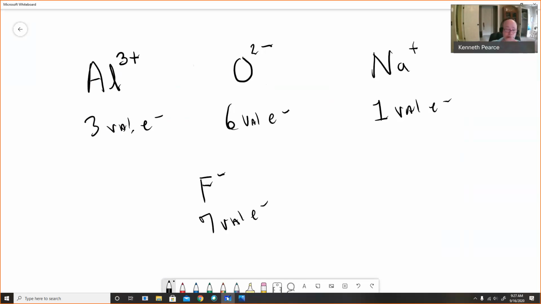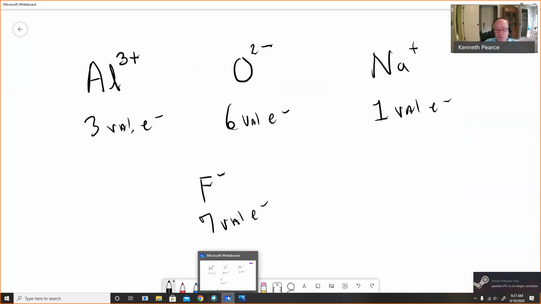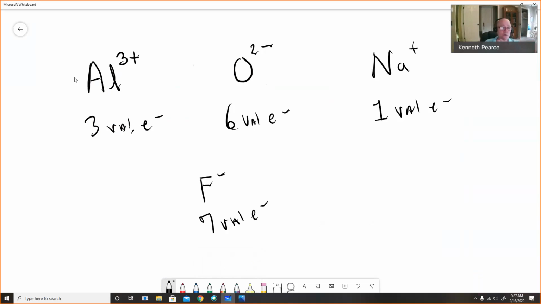And so when we do that, we can also look at our periodic table and say, well, how many valence electrons do you have, those outermost electrons? And it follows the pattern: +1, +2, +3, plus it goes 1, 2, 3, 4, 5, 6, 7, 8, depending on where it is. Okay, so these are the essential skills for working with ions.